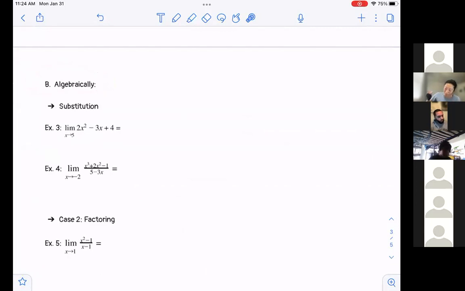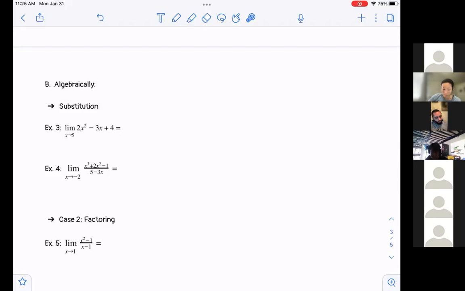So we're going to start with the best way to start. It doesn't work all the time, but sometimes questions might look really complicated. And if you start with substitution, you'll actually end up with an answer without going through all the other complicated things we're going to look at. Okay.